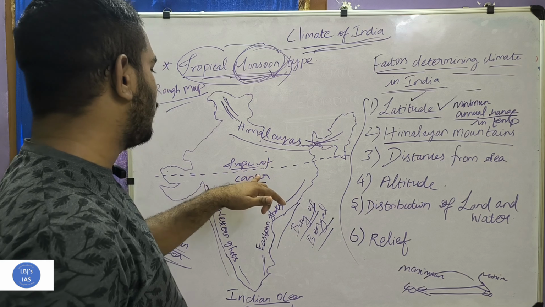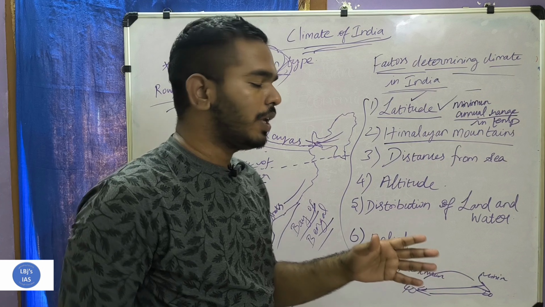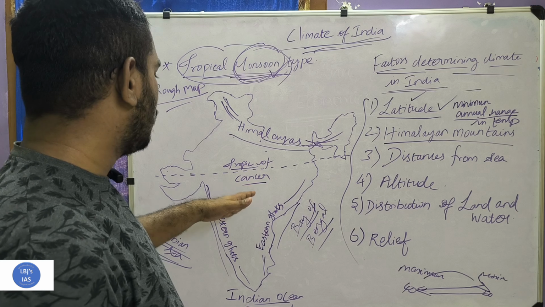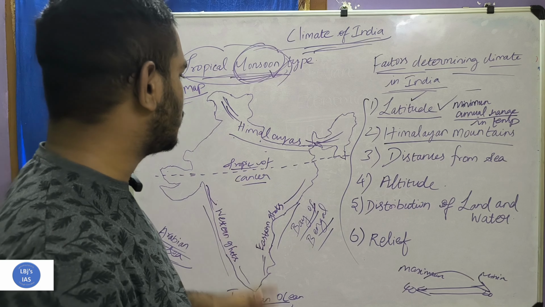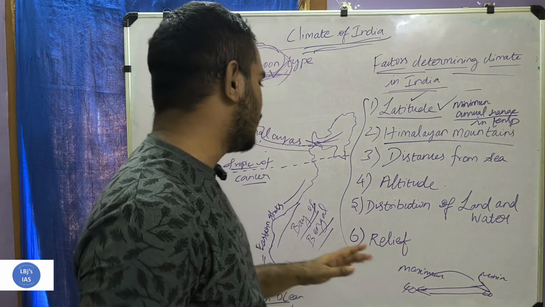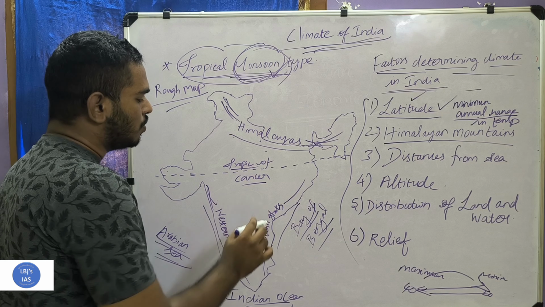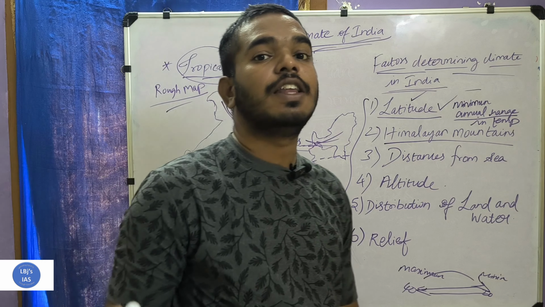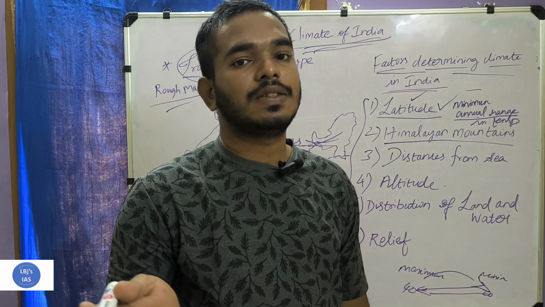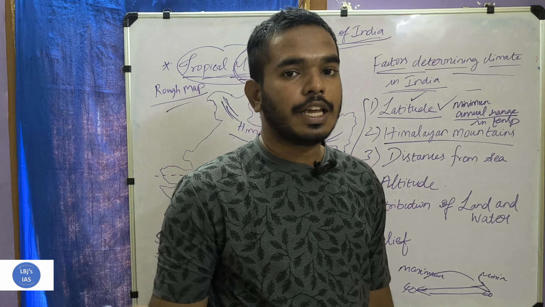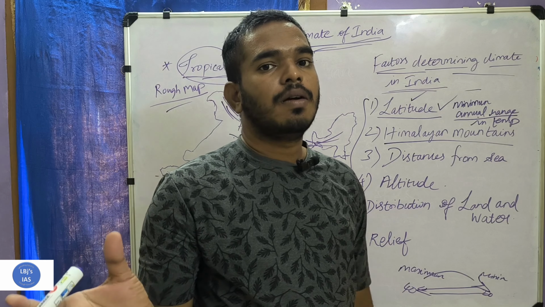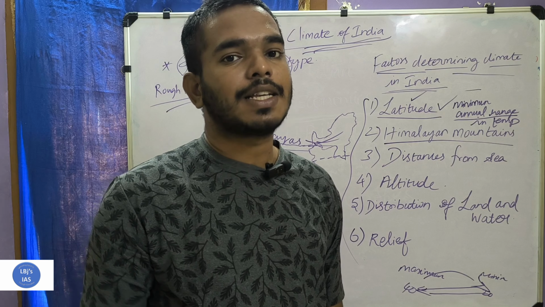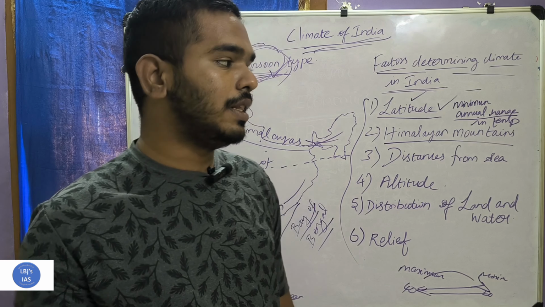As already said, the Tropic of Cancer divides India into two halves. One is the south side of the Tropic of Cancer, and another one is the north. The area that lies to the south of the Tropic of Cancer experiences a very high temperature because it lies very close to the equatorial or tropical region and receives maximum sun radiation, so there will be high temperature in this region.